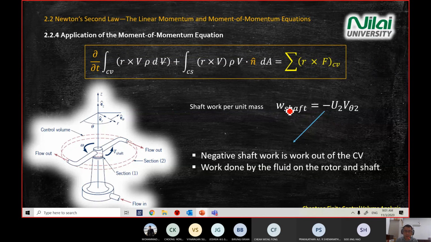Because this equation is referring to the shaft. So a negative sign means the shaft is not doing work. And where does the work come from? It comes from the fluid itself. So you need to understand what happens when you have a negative sign. And again, since we have an online exam, we will test most of your understanding in this area. What happens if you get a negative in your answer? You need to explain.